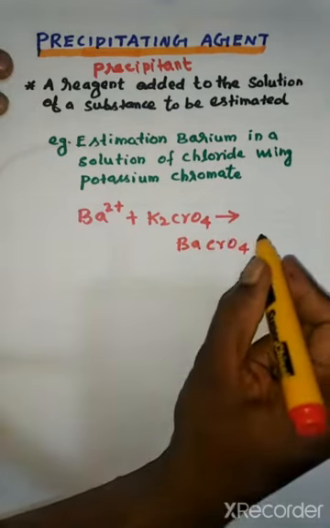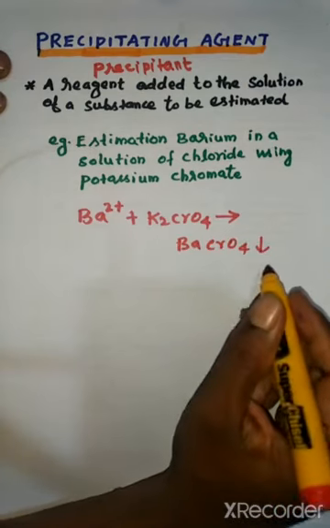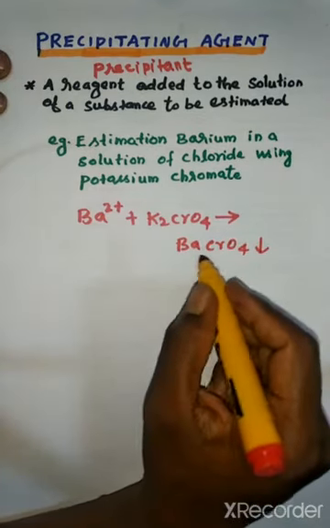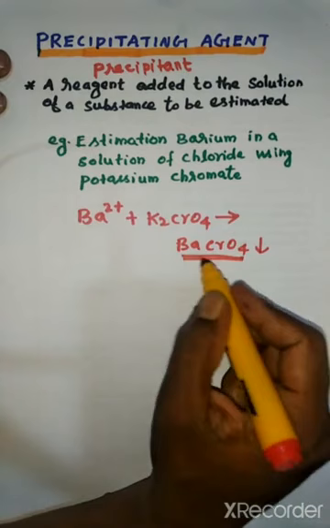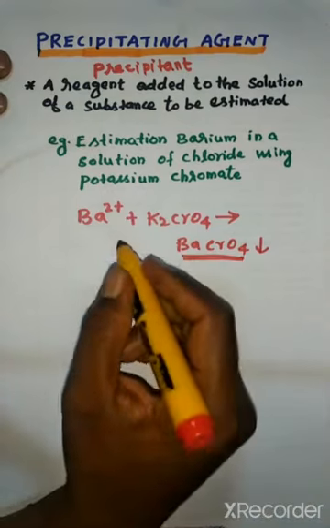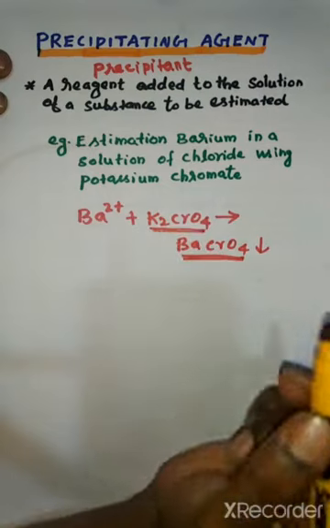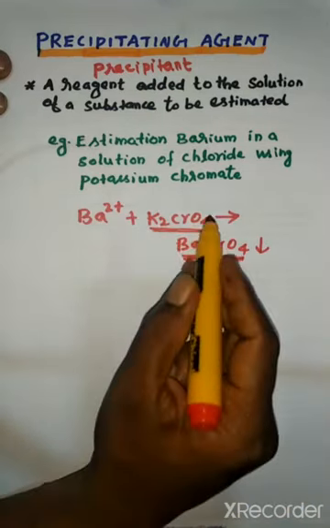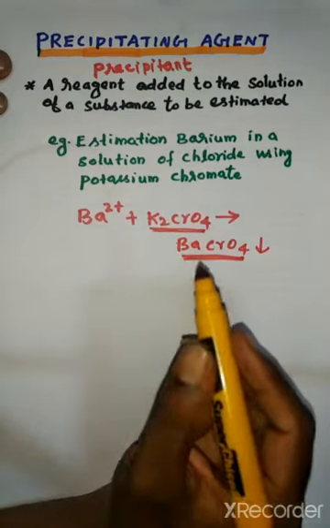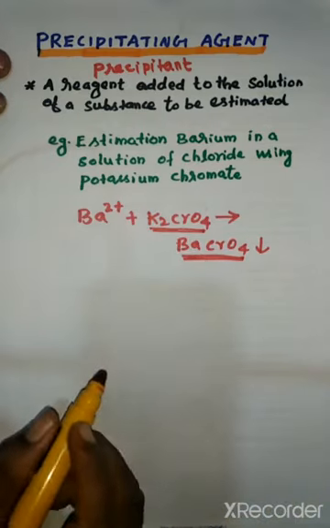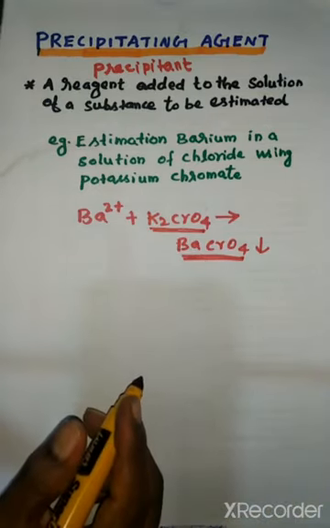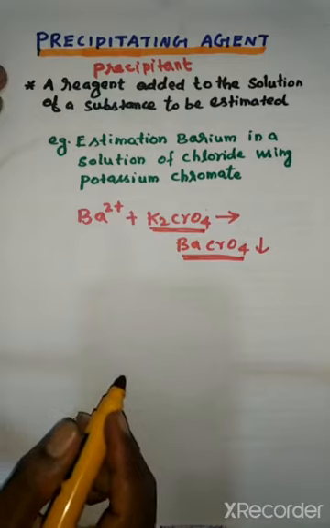This precipitate is formed by the use of the reagent potassium chromate. This potassium chromate is called the precipitating agent, precipitating reagent, or precipitant.